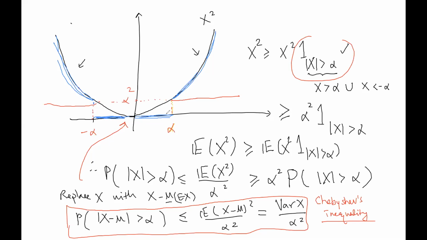Like for example, certain parts where you want to flatten it to 0, you just multiply it with an appropriate indicator function, and you can derive many useful results using this approach. Okay, so this inequality is very useful later when you study convergence in probability. Okay, so this comes from expectation.